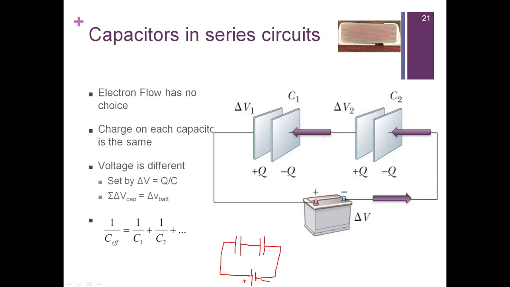What actually happens with capacitors in series is, rather than sort of teaming up to form a greater capacitance, they actually sort of work against each other and overall create a lower capacitance than either would by themselves.